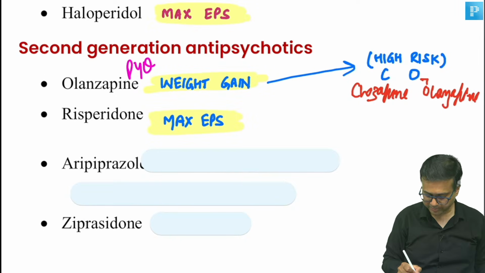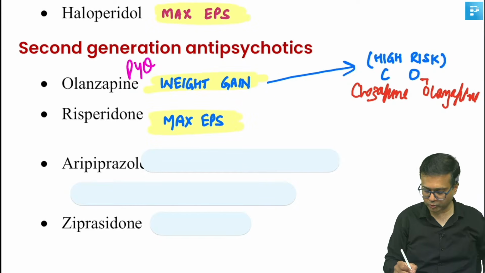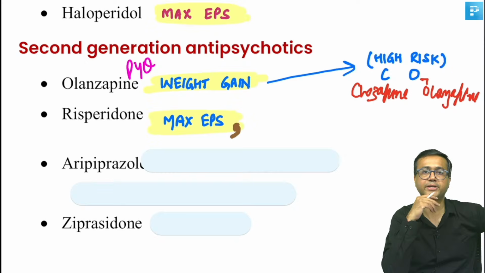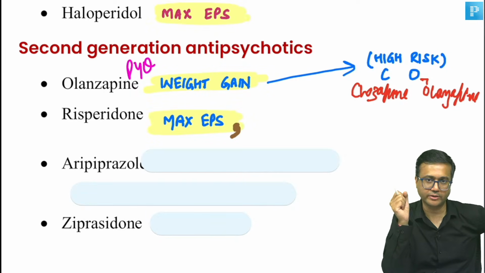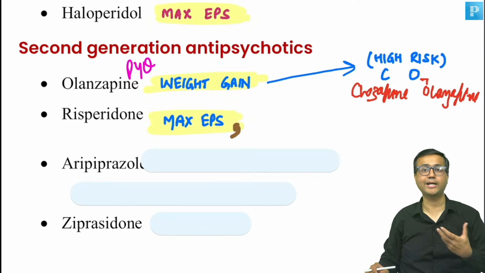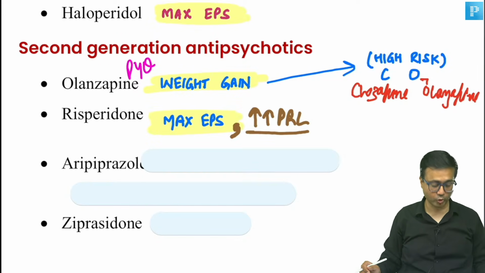But also remember, because of D2 blockage, EPS can occur, and also one more important side effect. Can anybody tell me an endocrinal abnormality which can also occur because of D2 antagonism? But this again may come as a new question, so that is why I am discussing. Can you tell me an important endocrinal abnormality? But please remember hyperprolactinemia.